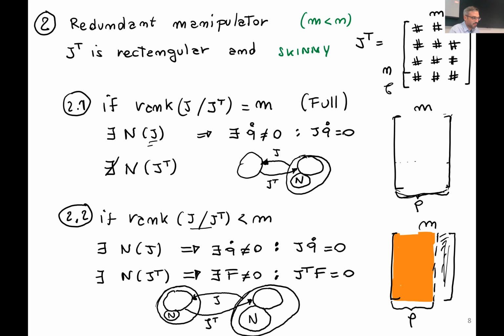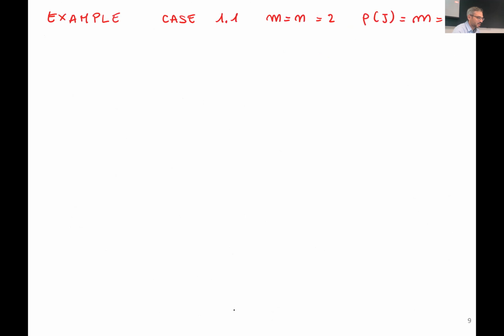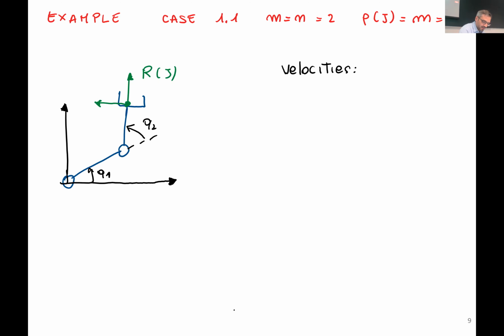Let's do an example. We try to compute these spaces, and again we take our old friend, the case of a planar two-link robot, in terms of velocities. We have a planar robot with m equal to n, 2 degrees of freedom, and the task is two-dimensional, x and y.